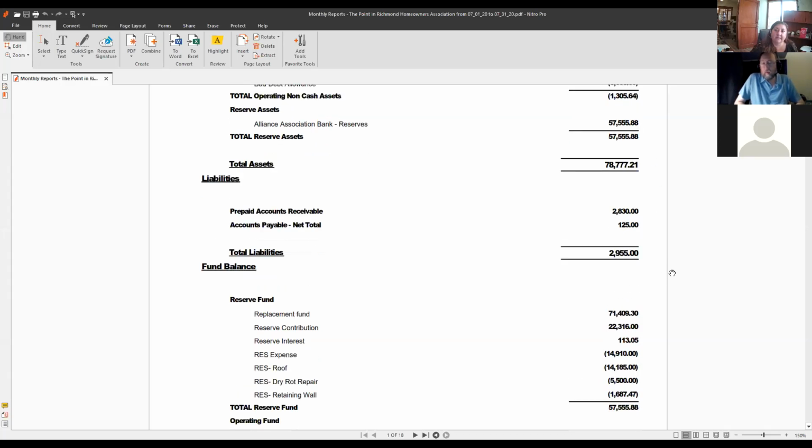And generally, this reserve cash here should match this balance here. So this is your total reserve fund. We'll get down there in a minute, but this should always match that unless you have some sort of a payable or some sort of a liability on the reserve side here. So your liabilities here would include prepaid accounts receivable.